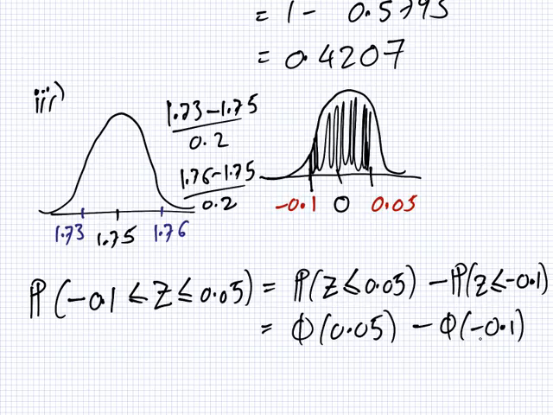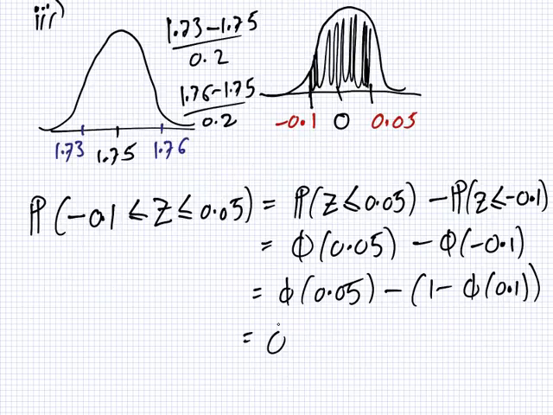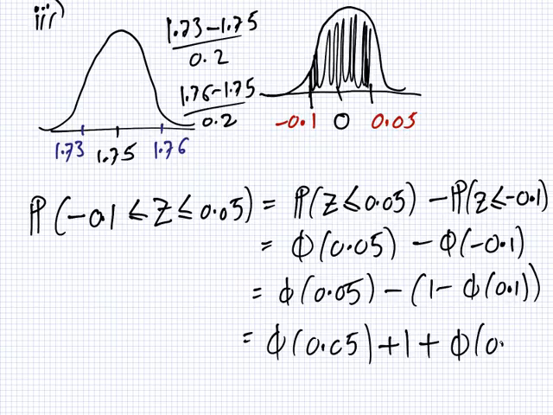But we can fix the minus here. Table book value of 0.05 minus 1 minus table book of 0.1. Yes, Malik? Yeah, sorry. It's okay? Table book of 0.05 plus 1 plus table book value of 0.1.